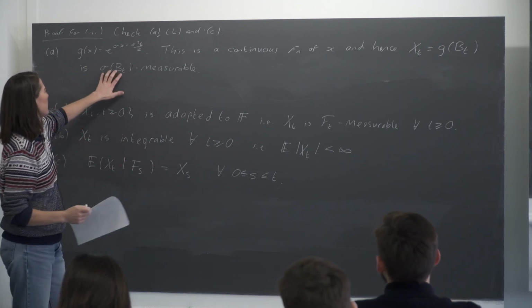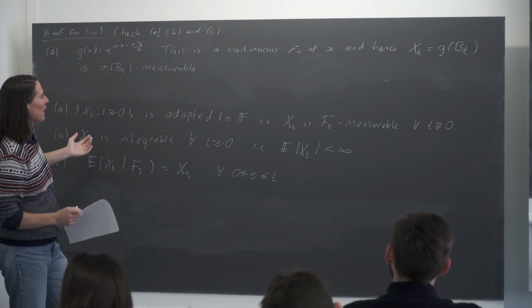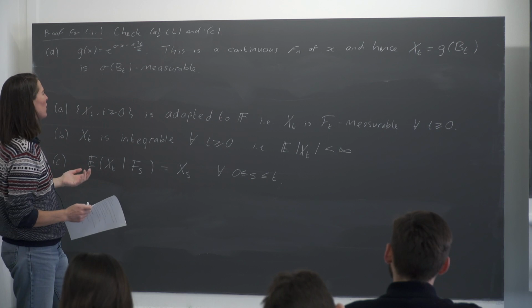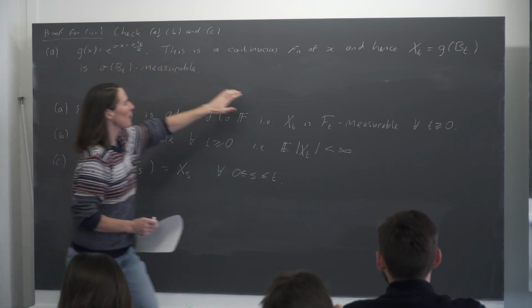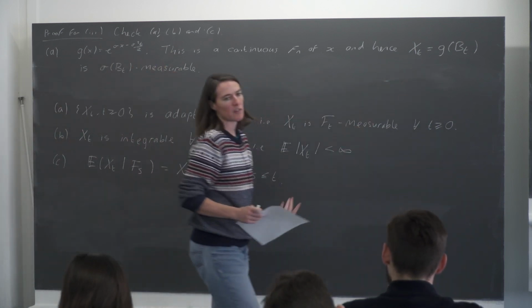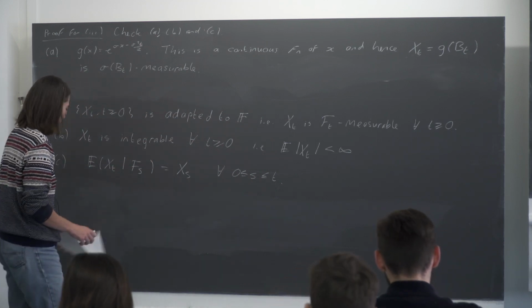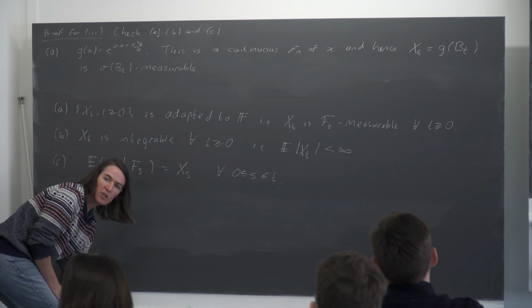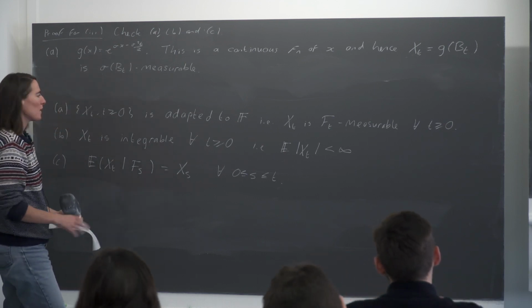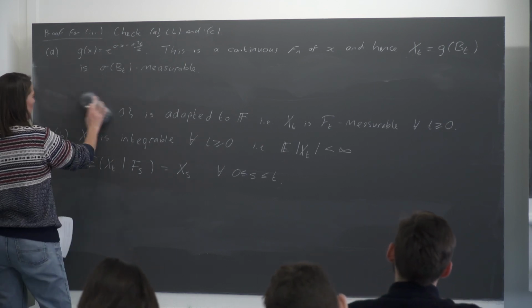Okay, but we know that sigma(Bt) is a subset of Ft because we're using the natural filtration, and so that means that this is Ft measurable, and so that gives us the adaptedness property. Okay, any questions on that? Okay, so that's part A done.